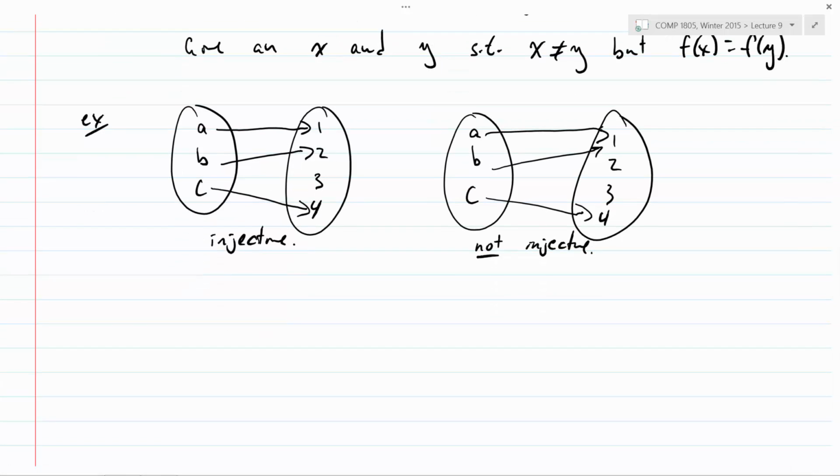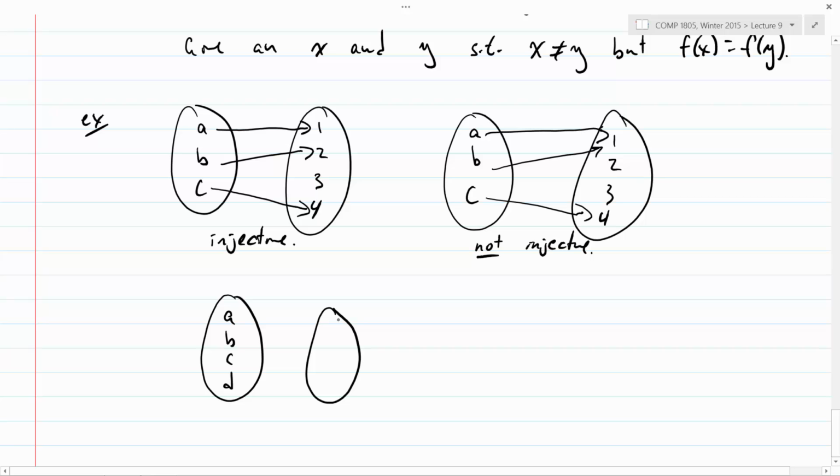So if the cardinality of the left side, so let's say A, B, C, D, and the cardinality on the right side is less or more? Less? Okay, so let's say 1. Well, what I can do is I can say A goes to 1, B goes to 1, C goes to 1, D goes to 1. So are you saying it's always not injective? Yeah, not injective.